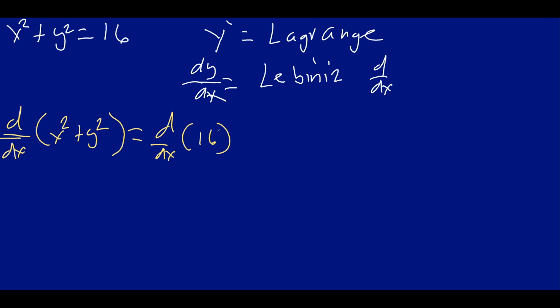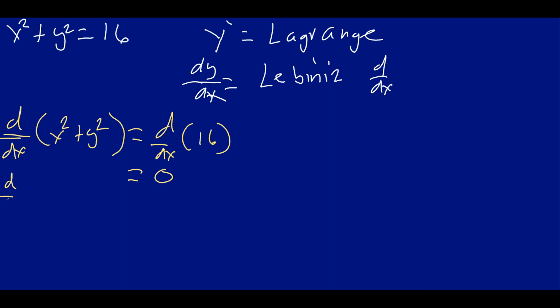We just do some basic ideas here. We use the sum rule, and over here we have the constant rule, so this is going to become 0. We're going to split apart this x squared plus y squared because the derivative of a sum is the sum of the derivatives, something we like to do all the time.